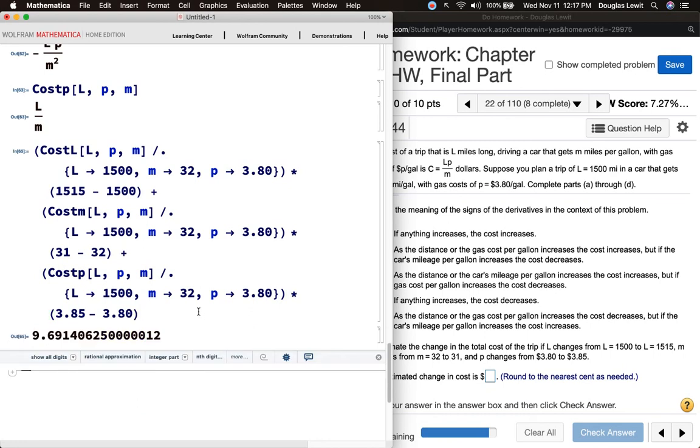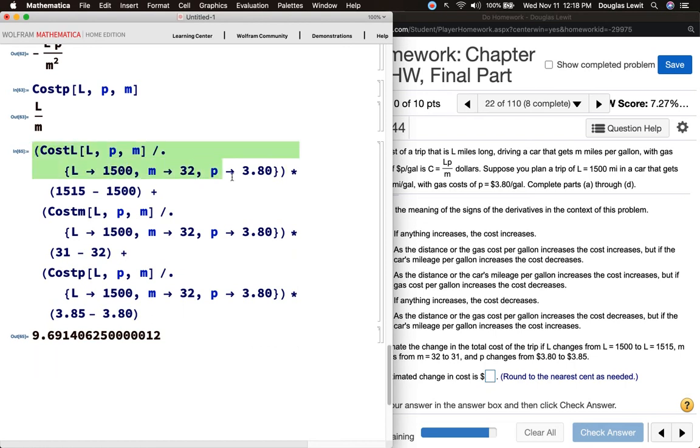There we go. Okay, so the problem was I needed parentheses. I needed to parenthesize these expressions. Okay, that was the issue.